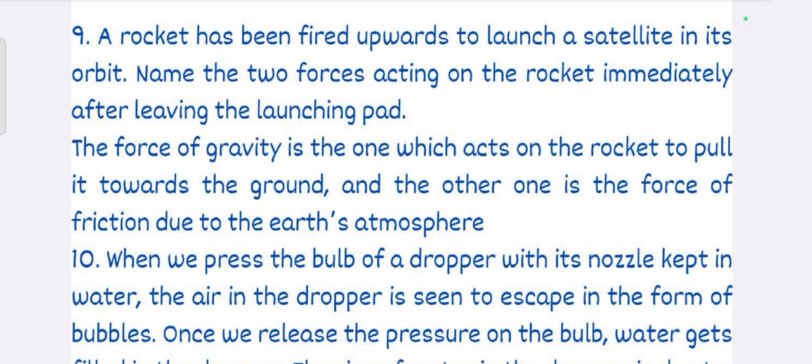Answer. The force of gravity is the one which acts on the rocket to pull it towards the ground.